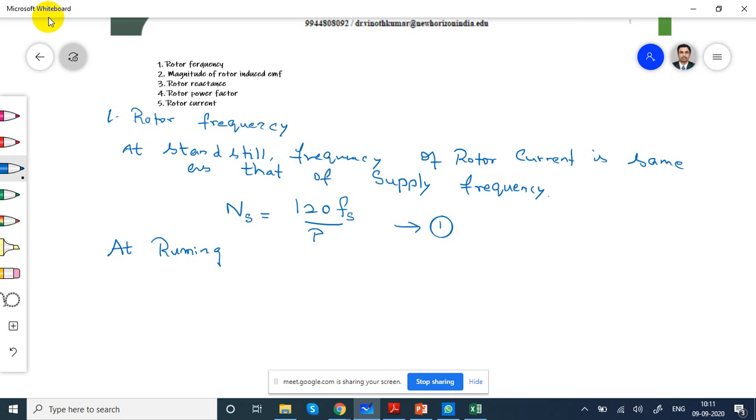The second case, at running condition. First one is at standstill, second one is at running condition. At running condition, what happened?